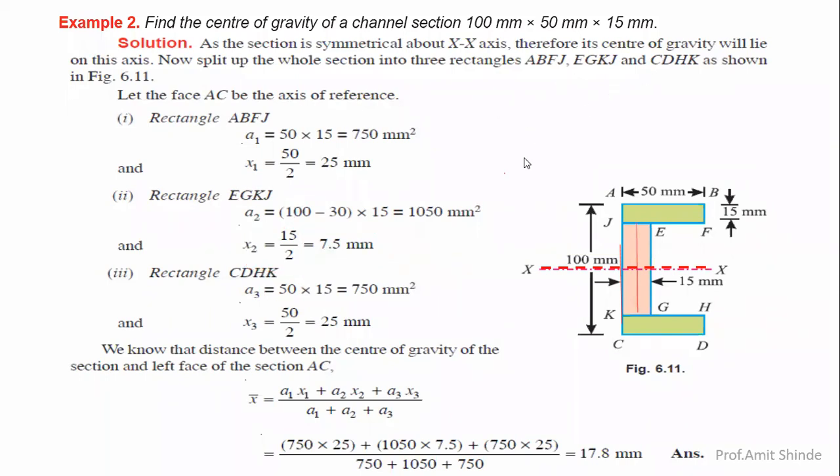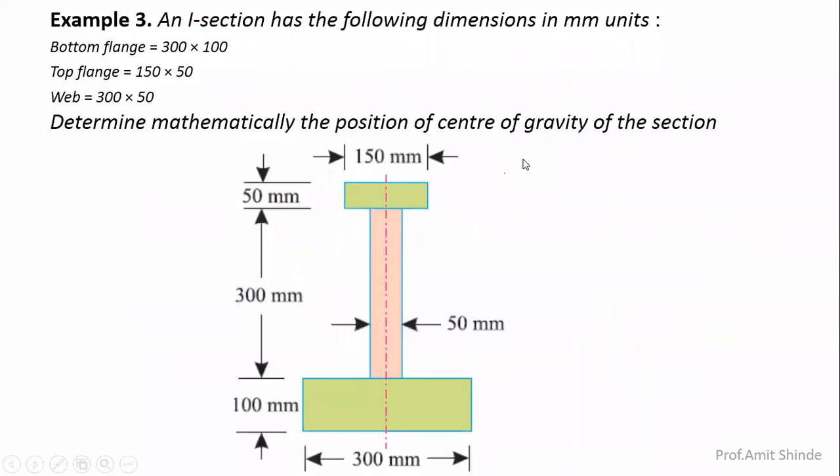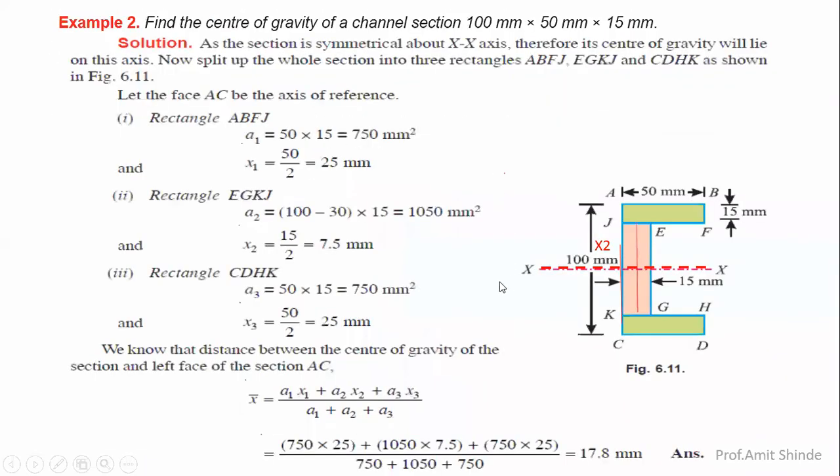Once we have these distances and areas, we are able to find x bar, and the formula is A1 x1 plus A2 x2 plus A3 x3 divided by the total area A1 plus A2 plus A3.